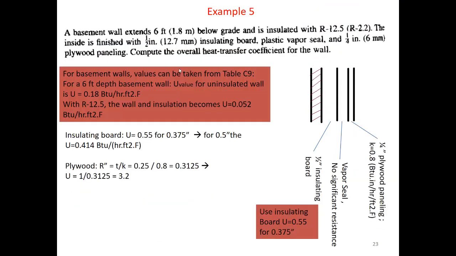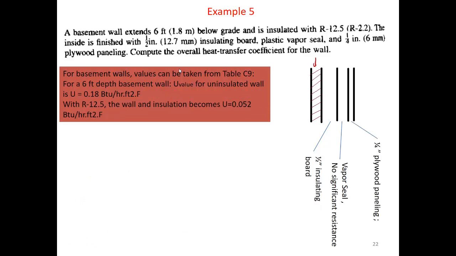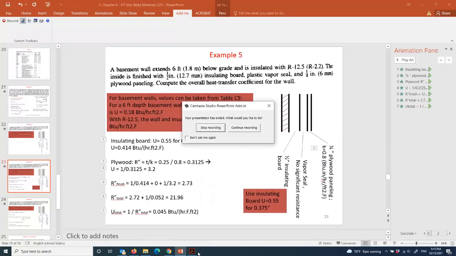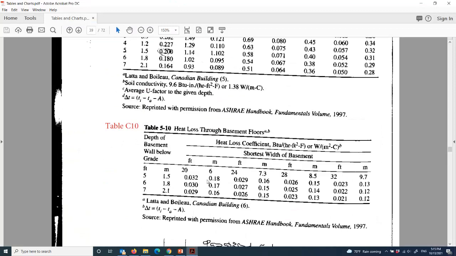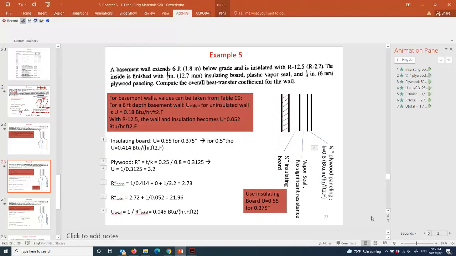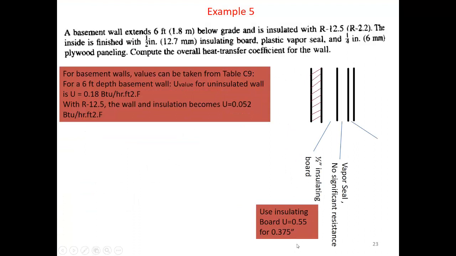Let's go to table C9, so we're at 6 feet and 12.5, so that's 0.052. Okay, so that's 0.052 BTU per hour foot square.